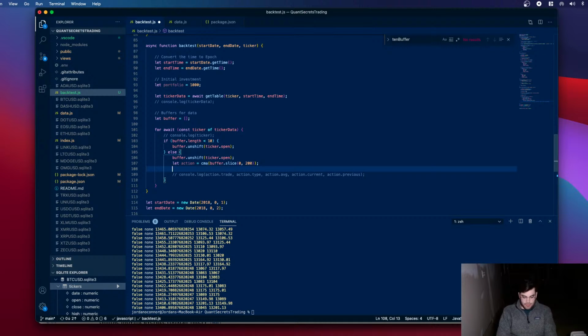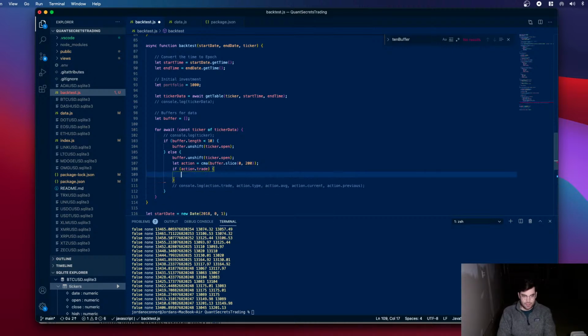So let action equal that. So if action dot type, well, I'll say if action dot trade, and then if action dot type equals buy.